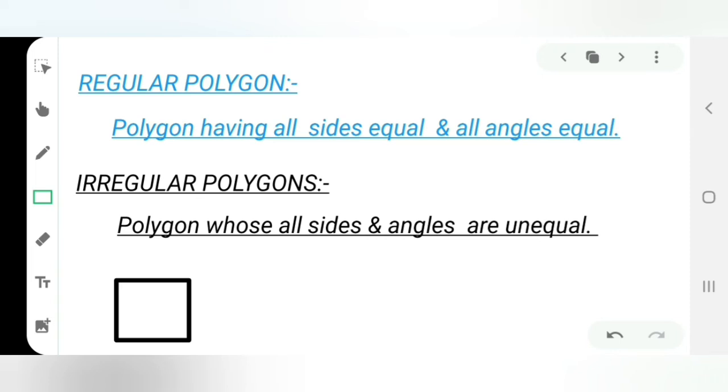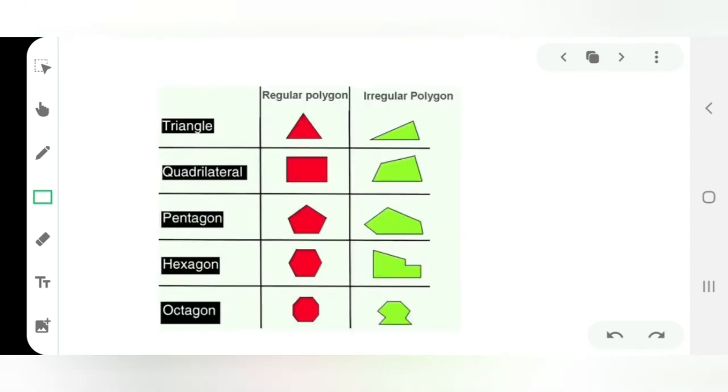Similarly, an equilateral triangle has all sides and all angles equal, so it is also a regular polygon. For an irregular polygon, take a rectangle. All angles are equal, but sides are not equal; only opposite sides are equal. So it is an example of an irregular polygon. You can see here how regular and irregular polygons are verified.